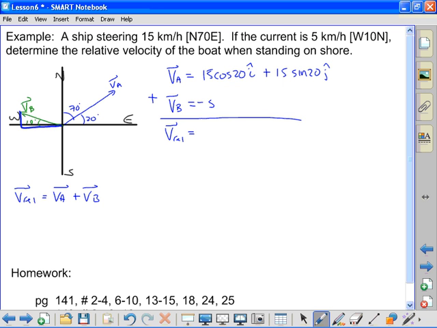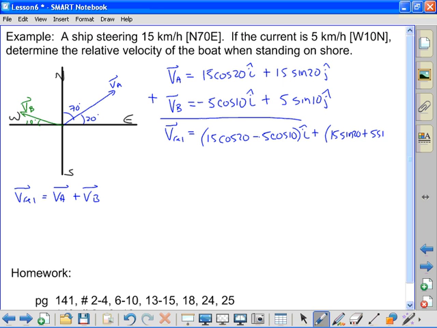So it'll be negative 5 cos 10 i plus 5 sine 10 j. So that would mean I would have 15 cos 20 plus minus 5 cos 10. So it simplifies to that, plus 15 sine 20 plus 5 sine 10, that's in the j. So there we go. There is the relative velocity for someone observing from the shoreline.